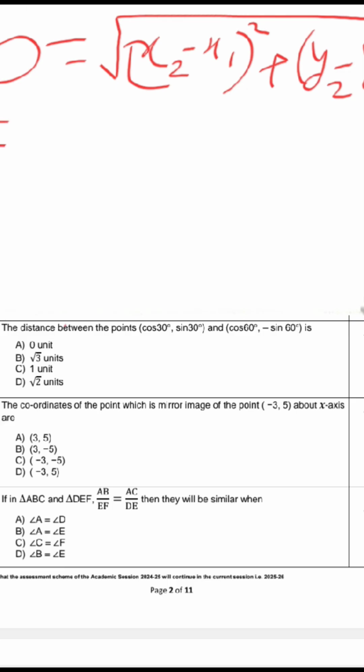So we write here in square root. This is x1, this is x2. So x2 means cos 60.